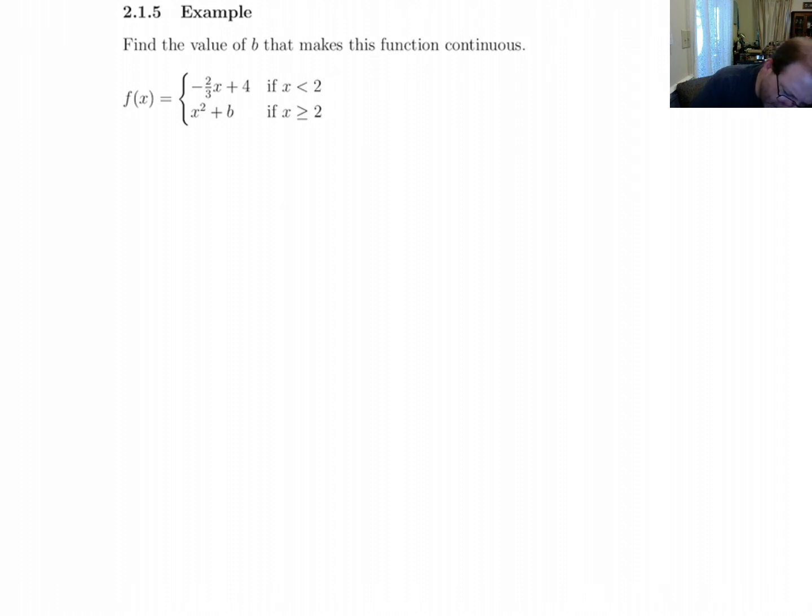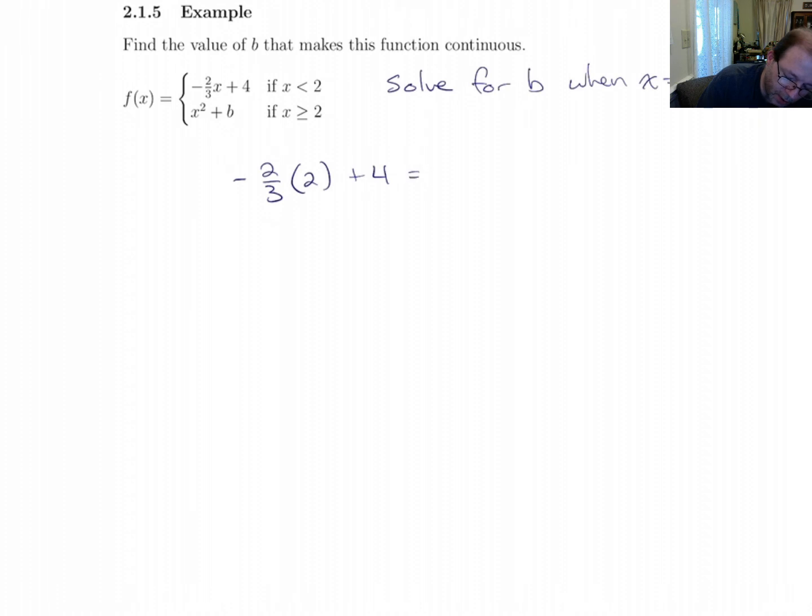All right, so when x equals 2, what we need to do is solve for b when x equals 2. So negative 2/3 of 2 plus 4 equals 2 squared plus b. So that's minus 4/3 plus 4 equals 4 plus b.